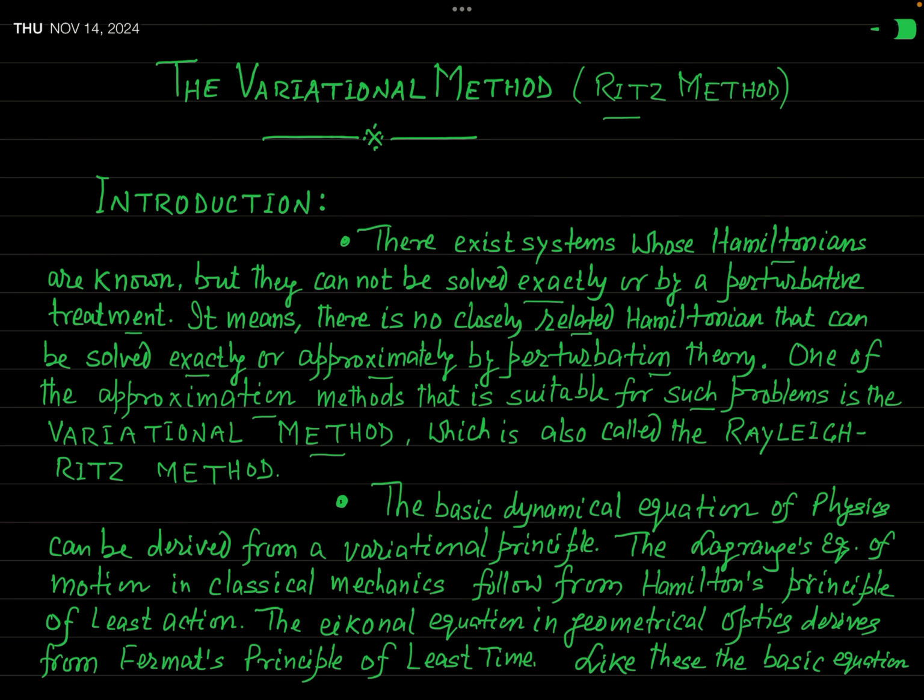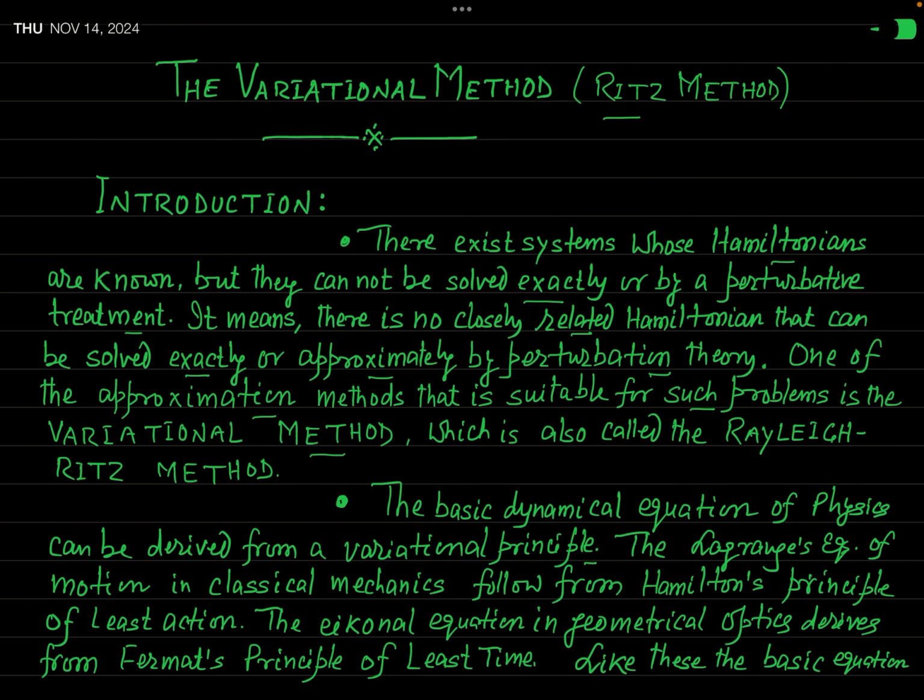In fact, you have studied this variational principle in physics, particularly in classical mechanics, in optics, and also in quantum mechanics. Often it is seen that the basic dynamical equations of physics can be derived from the variational principle.